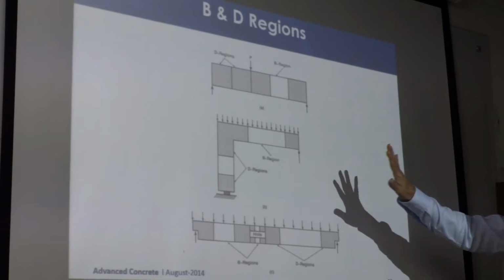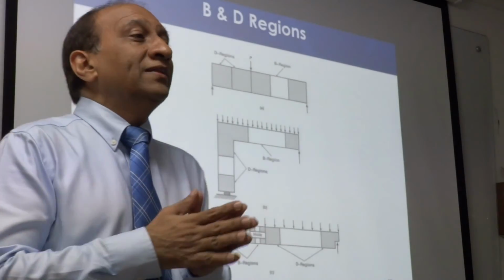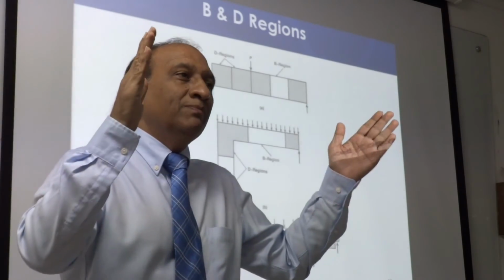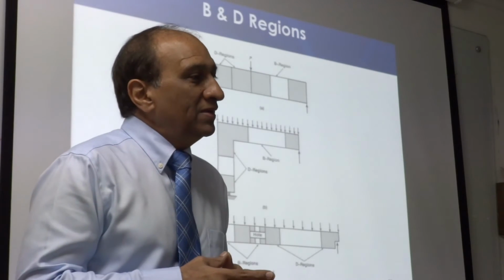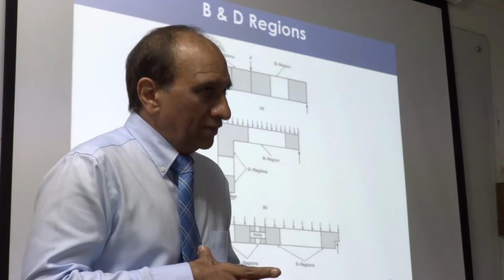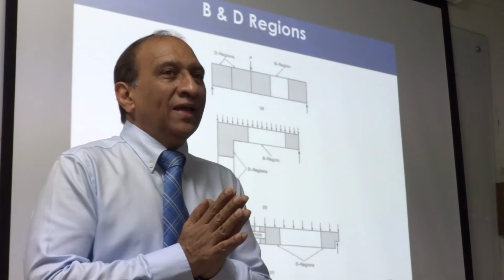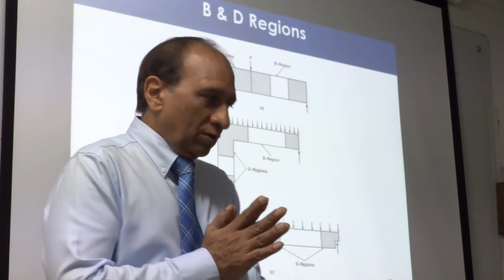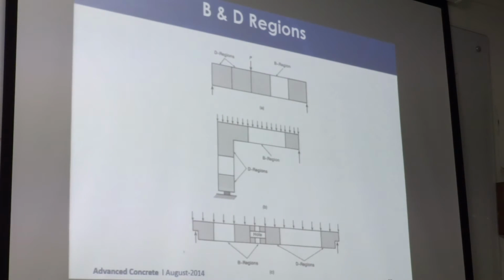Just to make sure that you understand that we are not solving the entire beam yet. We're solving part of the beam, part of the column, part of the problem in which Bernoulli's theory nearly holds true, correct? In which plane sections are assumed to remain plane. Okay, so we'll come back to this in another lecture.